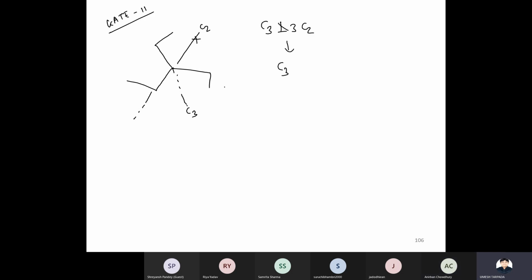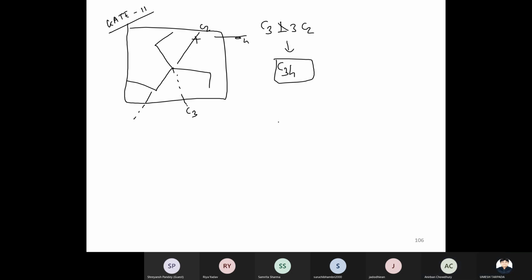Next, we need to check sigma h. Sigma h is there, that is the plane of your molecule, because the principal axis is perpendicular. So the point group becomes C3h. So this was already asked in the GATE exam.